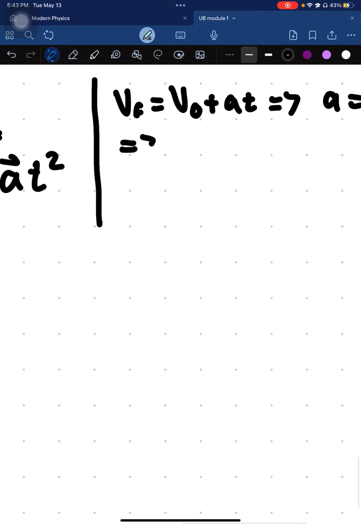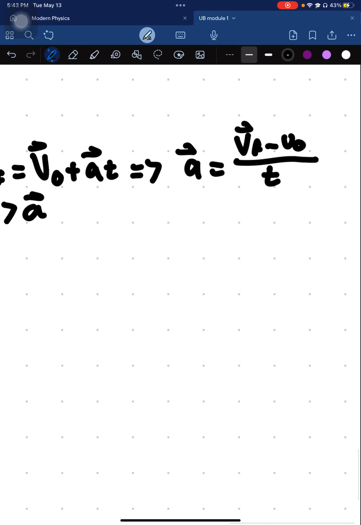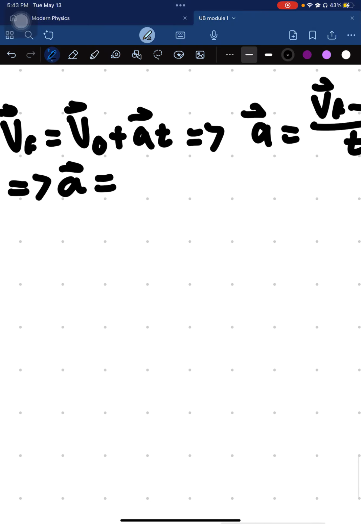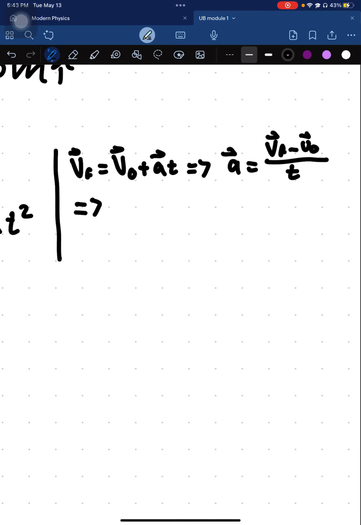Okay, anyways, this implies acceleration. I am so bad about putting my little carets on, so please, if in class you notice that I'm forgetting my carets, let me know. Okay, so our acceleration is equal to 20. I'm actually going to write this bigger so that it's visible.